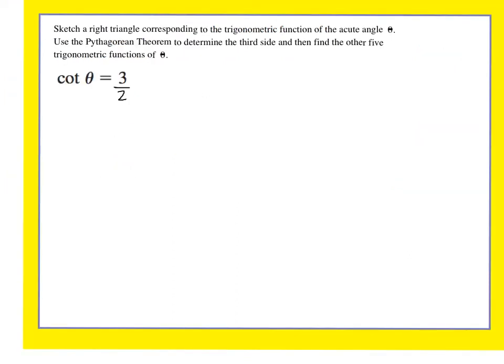Sketch a right triangle corresponding to the trigonometric function of the acute angle theta. Use the Pythagorean theorem to determine the third side, and then find the other 5 trigonometric functions of theta. All right, fantastic. So right now we have cotangent of theta is equal to 3 halves.